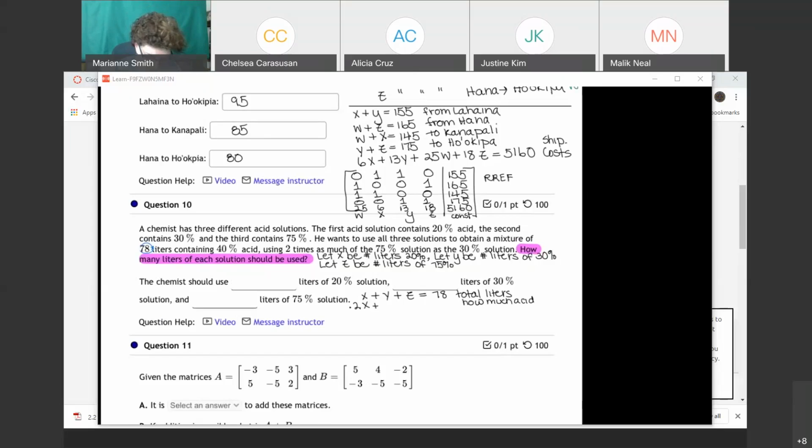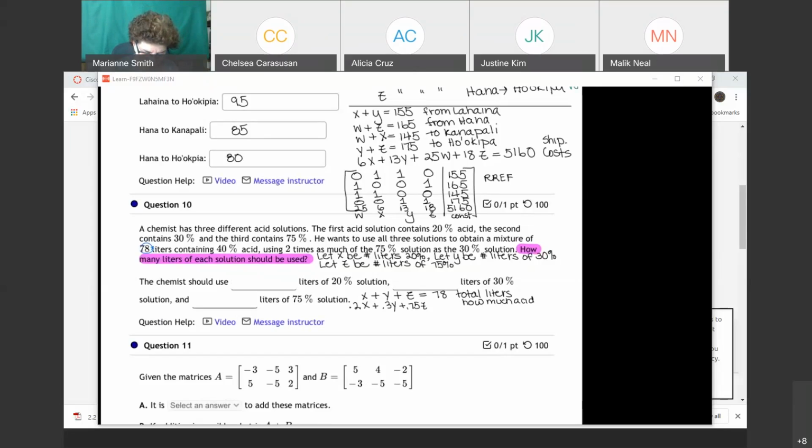This is a 30% solution, so 0.3 times Y is the number of liters of acid in that part. And Z is 75% acid, so 0.75 times how many liters gives you the number of liters of acid in that.